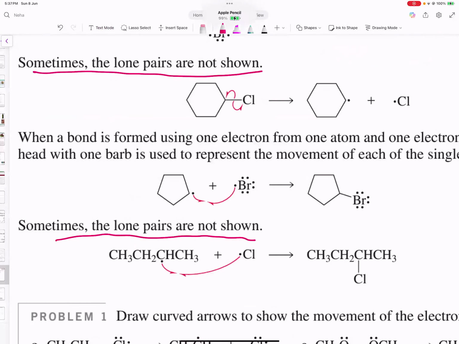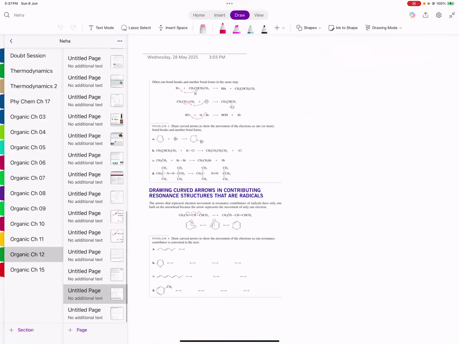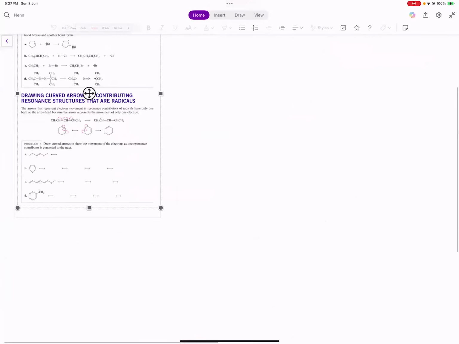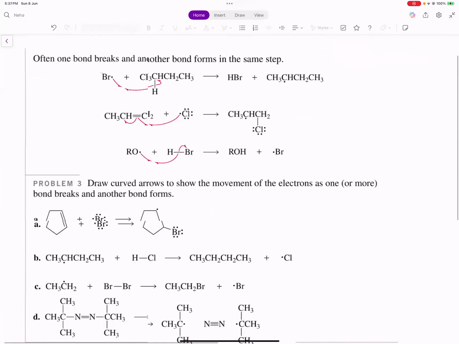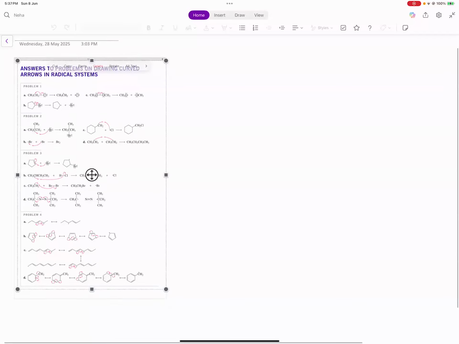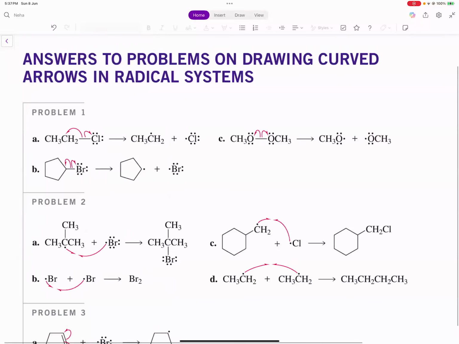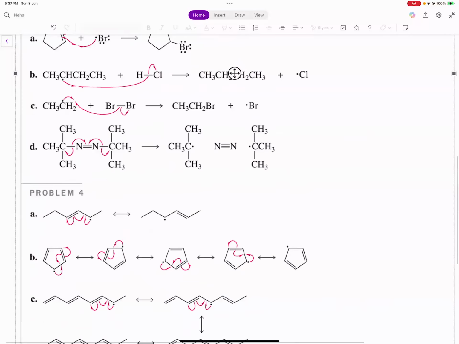So you can just go through them. I don't think it's much of a task now. And as usual, all the answers to these curved arrow problems are given, so you can also check them after drawing.